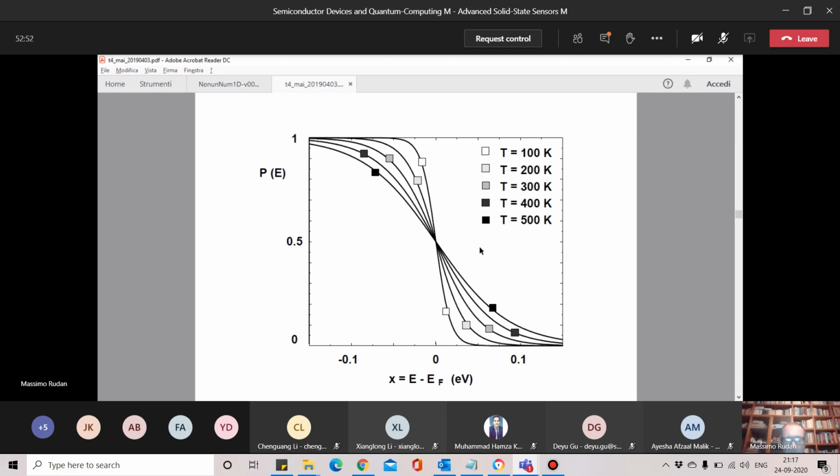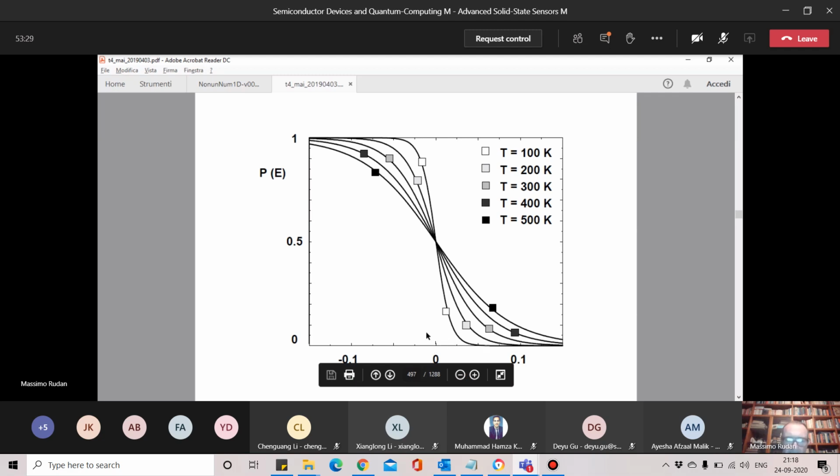So if you look at the curve corresponding to the white square, and consider decreasing the temperature even more, the curve will deform and will eventually become identically equal to 1 to the left of the Fermi level, and it will become identically equal to 0 on the right.